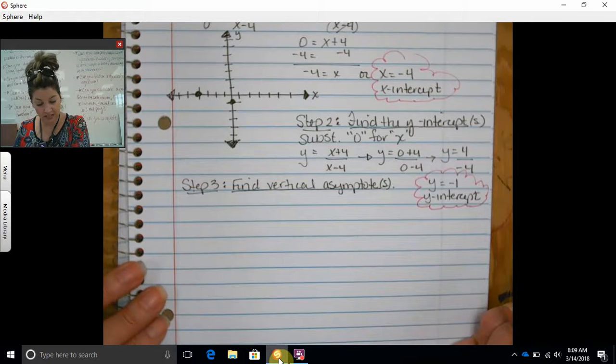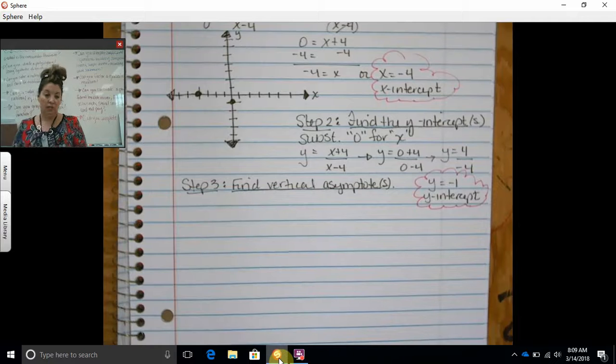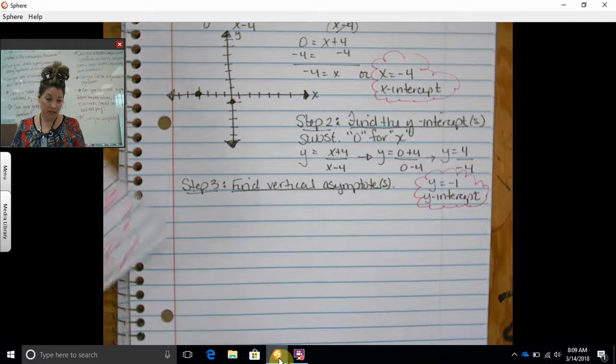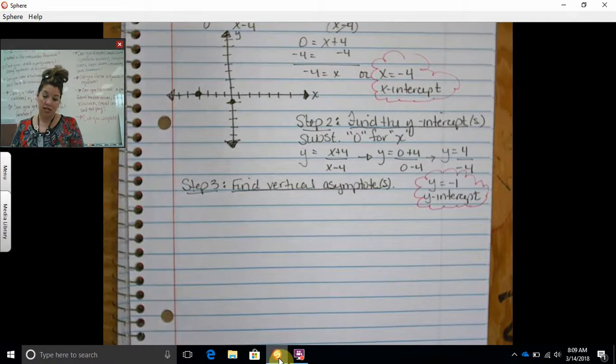To find your vertical asymptotes, you go back and look at step 3 in your notes, and you recall that you can have an unlimited number of vertical asymptotes. Make sure the numerator and denominator are completely factored. We did that to start with.